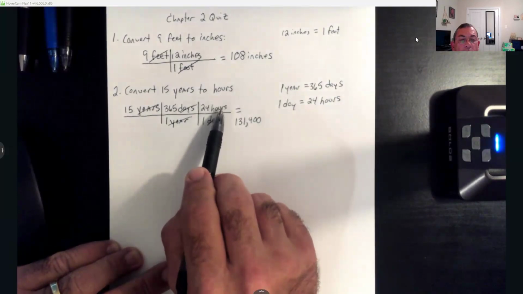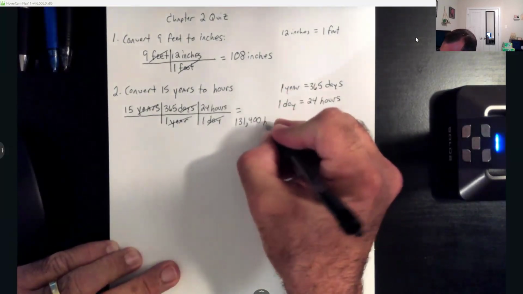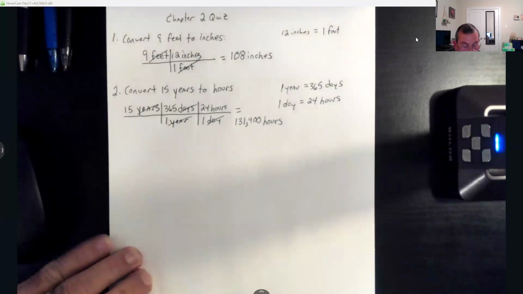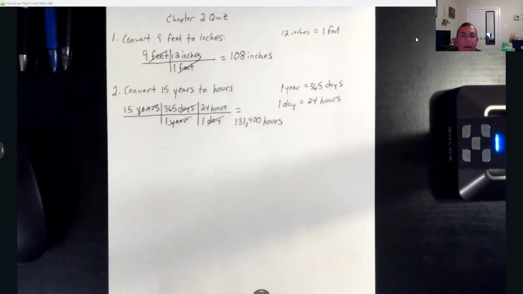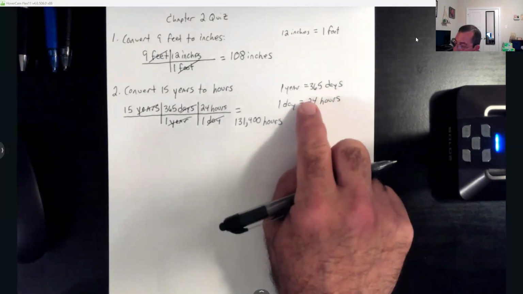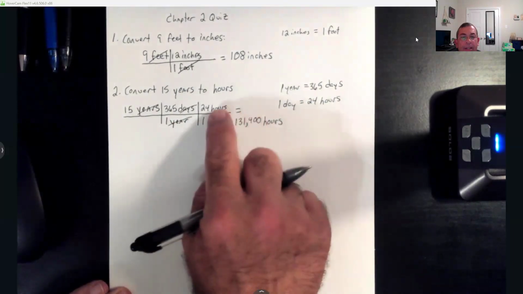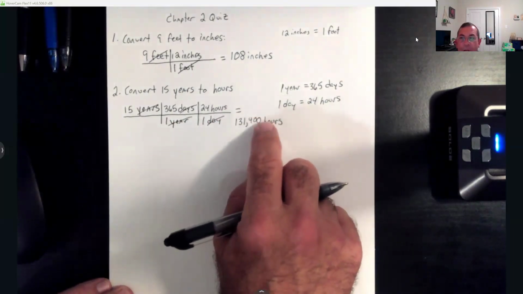And the only unit I got left is hours. So y'all, any questions on those two? So that's the main thing. Use your conversion rates to get these into the actual units you want when you're done, okay?